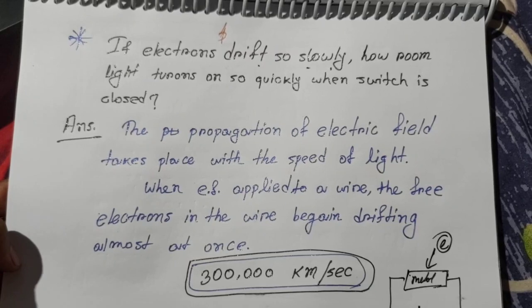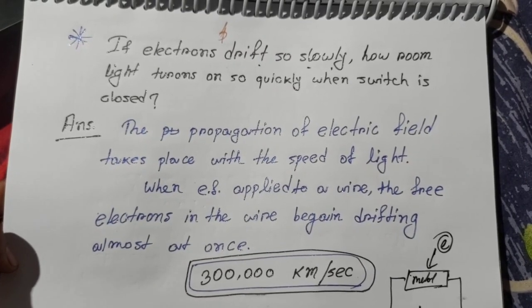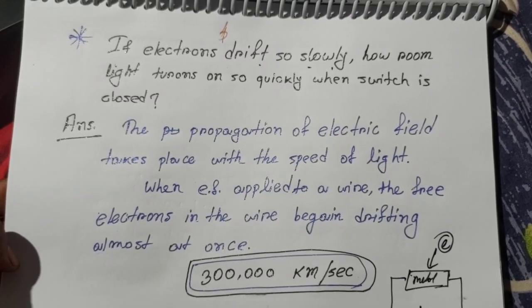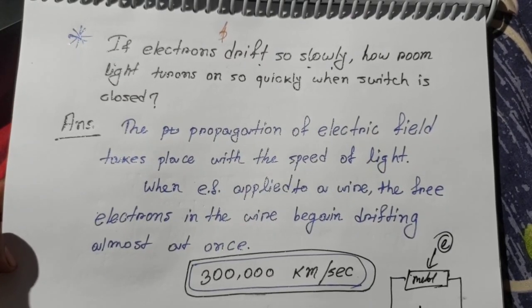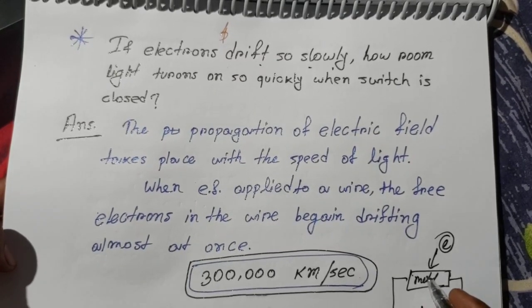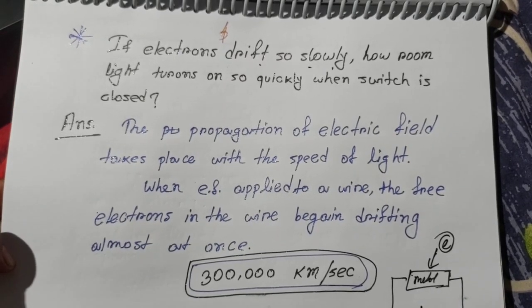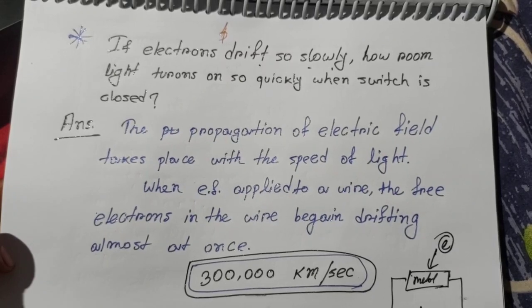When you turn on a switch, the light turns on so quickly. It can come to mind that if the drift velocity of those electrons is slow, then how does the light come on so quickly when the switch is turned on?